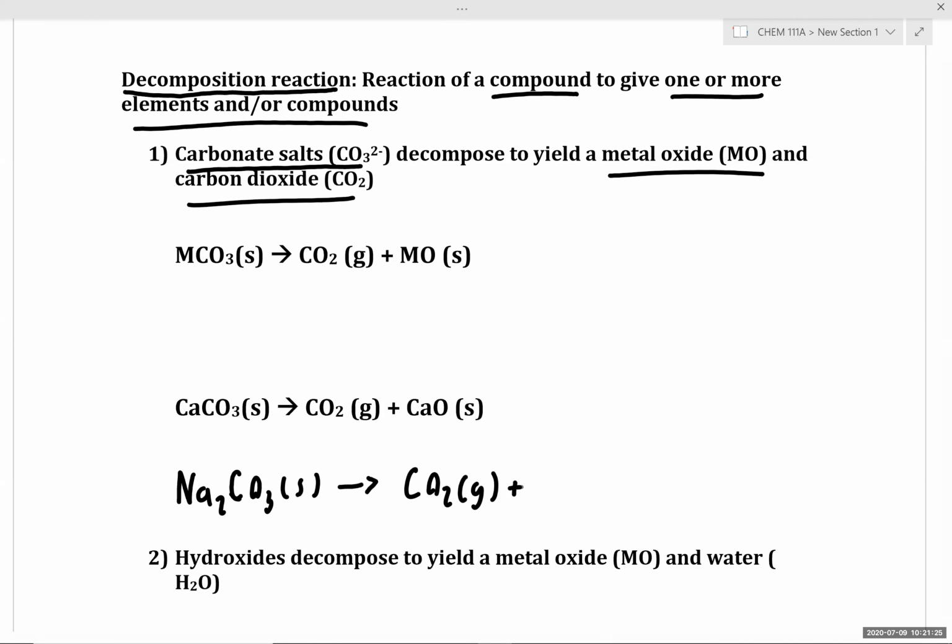What would the metal oxide be if we have sodium carbonate? What is our metal? Sodium, yep. So we generate sodium oxide.